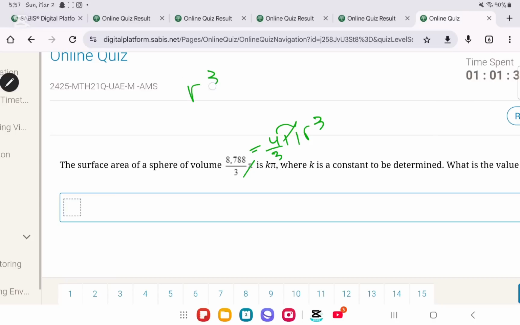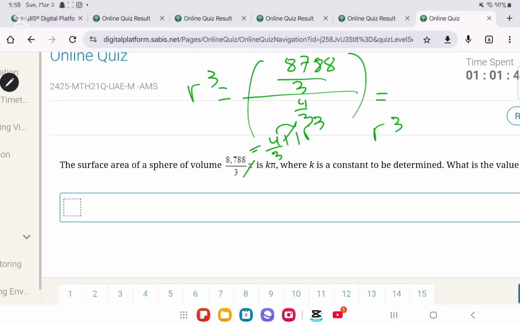Now you have that r cubed is equal to 8788 over 3 divided by 4 over 3. Put it on the calculator, you will get that r cubed is equal to 2197. So that means r is equal to 13.